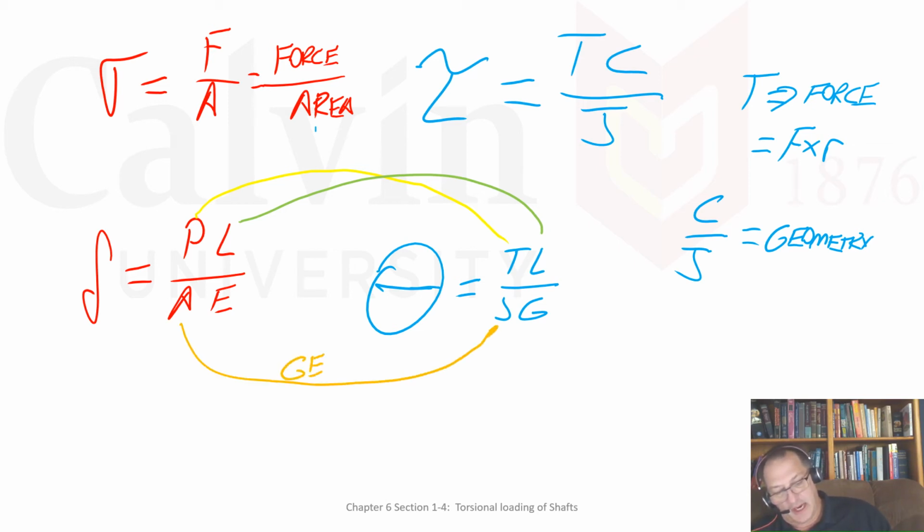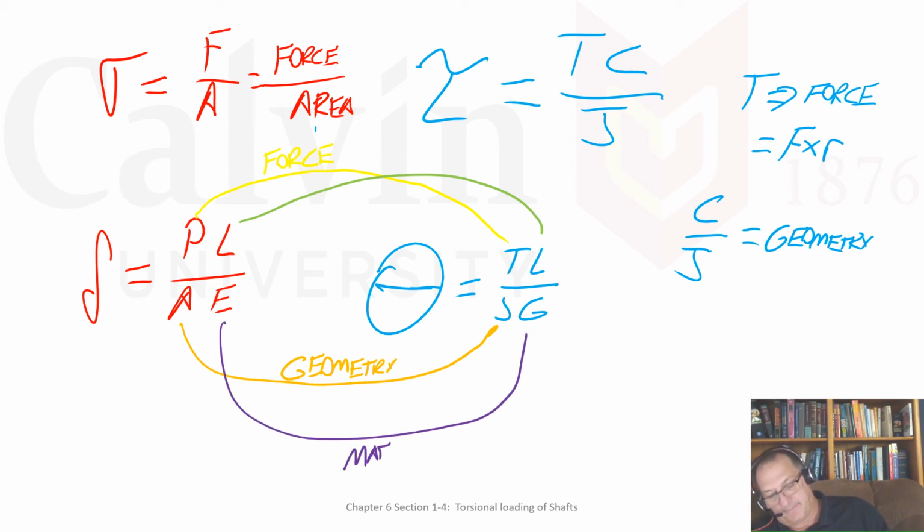Maybe I should label the ones up above too. Geometry, this is a force. Length is the length. And that geometry is important because that determines how I absorb that load. And then lastly, I've got E, and that's a material property.